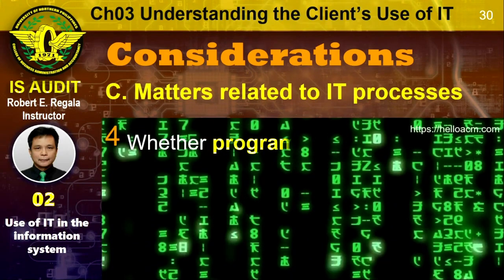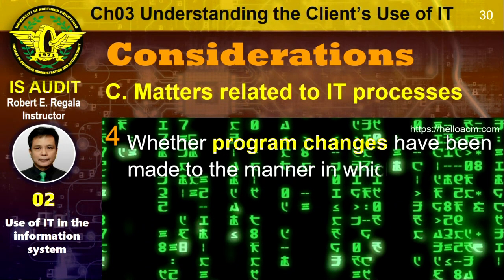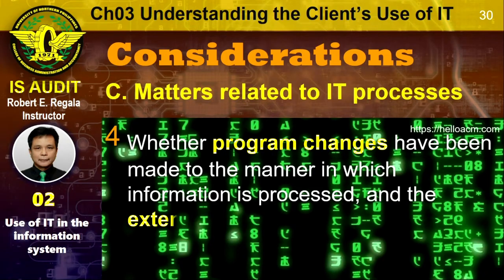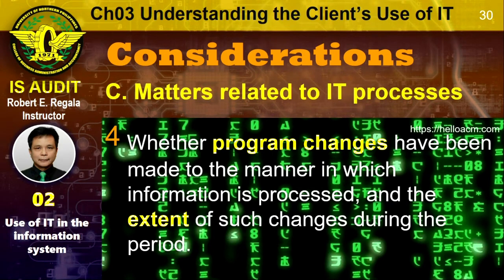Number 4, whether program changes have been made to the manner in which information is processed and the extent of such changes during the period. For non-complex implementations, commercial software with no source code installed.